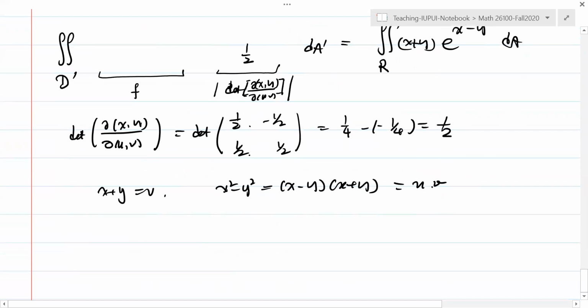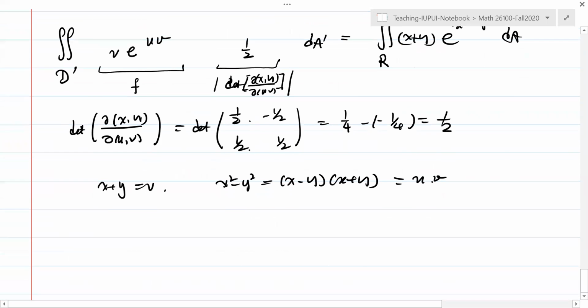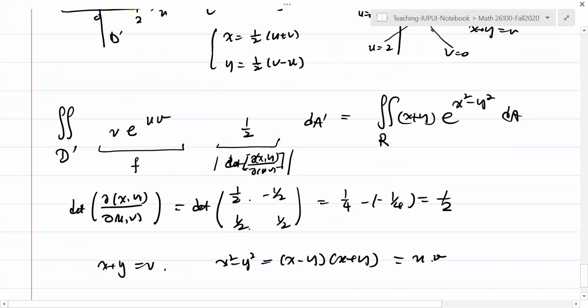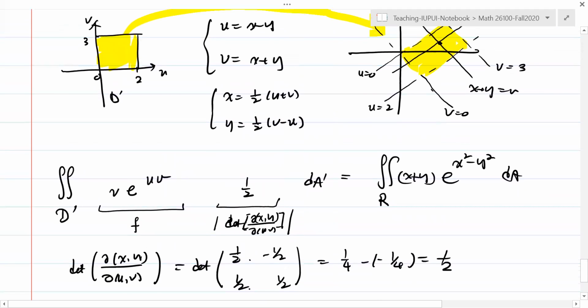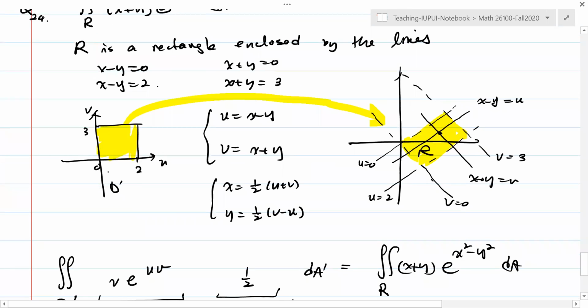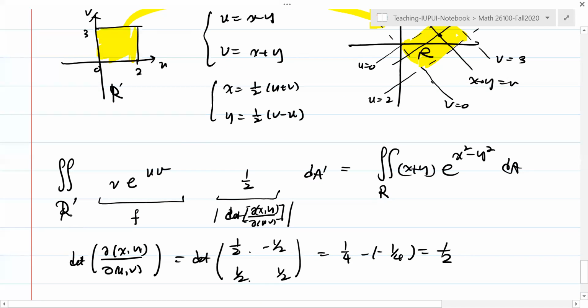So it will be v e to the uv. Great. Now, what kind of notation do I use? If you use R here, then I use R prime.